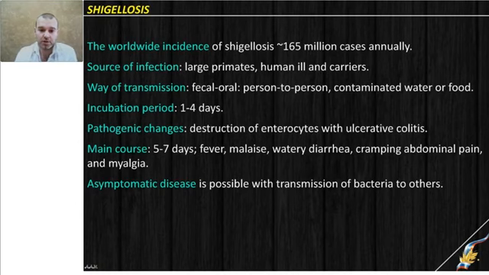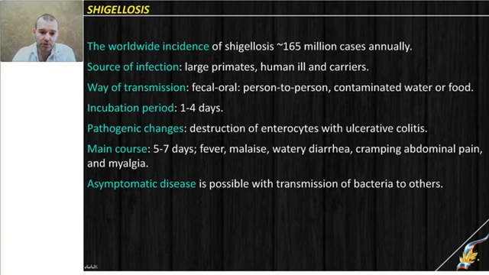It is transmitted human to human from an ill or carrier person. A few cases from large primates were described, but it is more like an exception. Of course, the disease is transmitted by the fecal-oral route from one person to another, or by contaminated food or water when the hygienic level is very poor, or sanitary conditions are extremely bad.